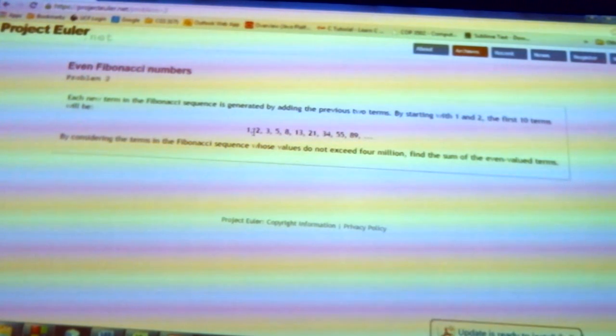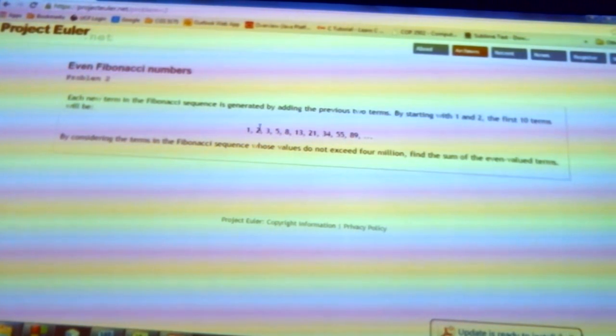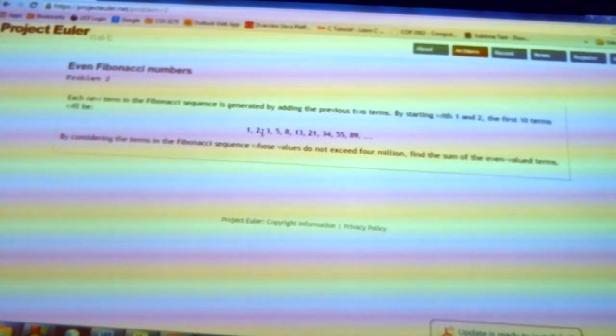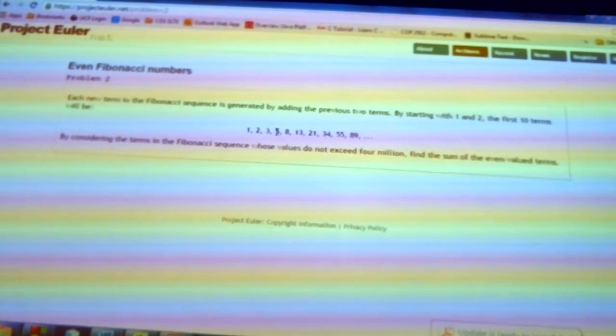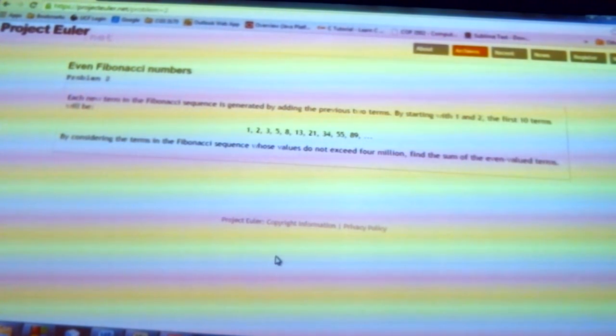You take the 1 and add it to 2 and you get 3. Then 2 and 3 is 5, 3 and 5 is 8, 5 and 8 is 13, 8 and 13 is 21, 13 and 21 is 34, 21 and 34 is 55. You can see how that's Fibonacci. That's a very traditional recursion problem.